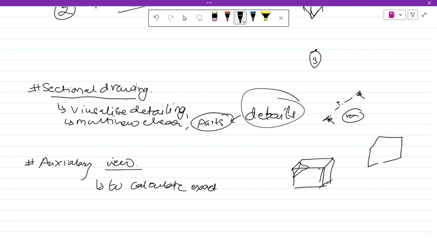If I want to calculate the dimension of this cross section, this cut section, I'll use a plane here, and this plane is known as auxiliary plane. From the auxiliary plane, I will get the details of this cut. This view is known as auxiliary view. So I think this is all about the types of projection and views. Thank you.